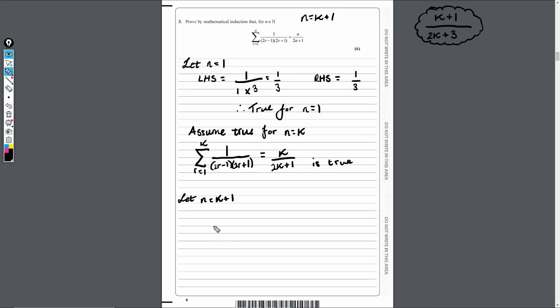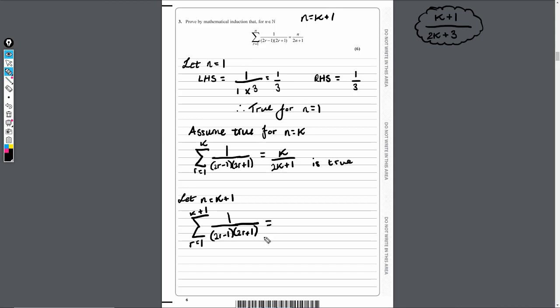Well, let's rewrite the summation. So it's going from r is 1 up to k plus 1. Okay, well, remember for a series, so it's 2r minus 1, 2r plus 1. If I want the k plus 1 term, that would be the kth term plus the next one coming up.